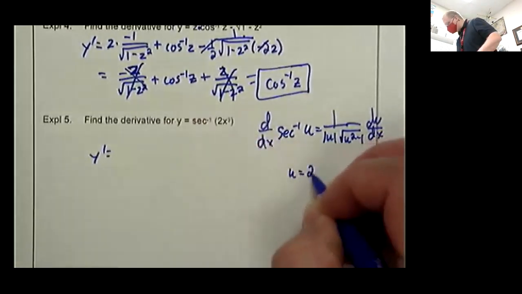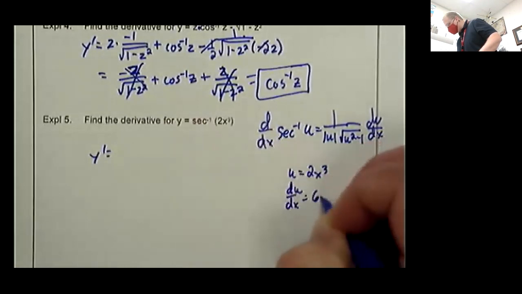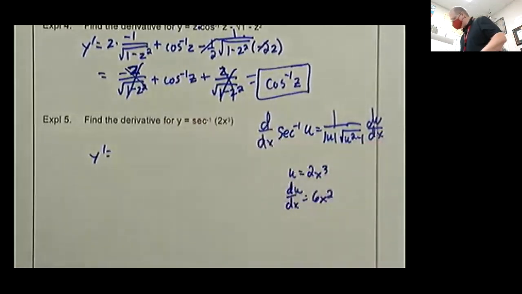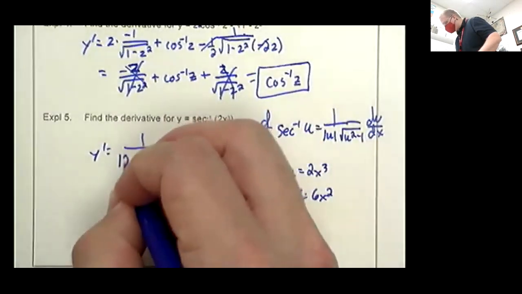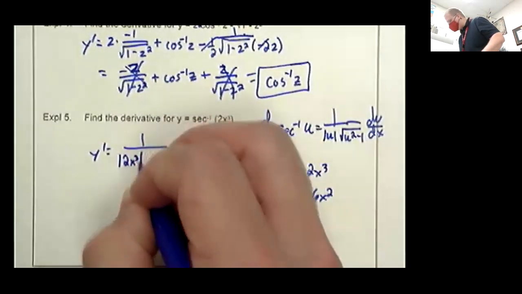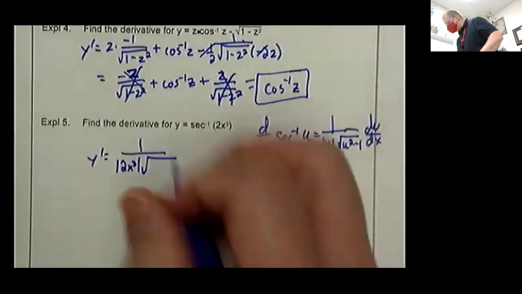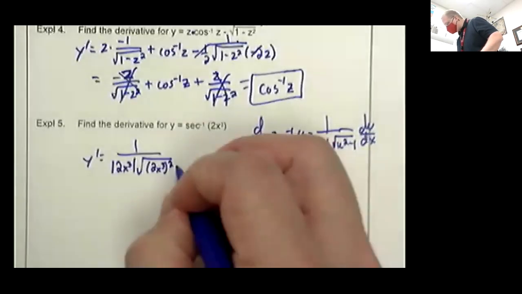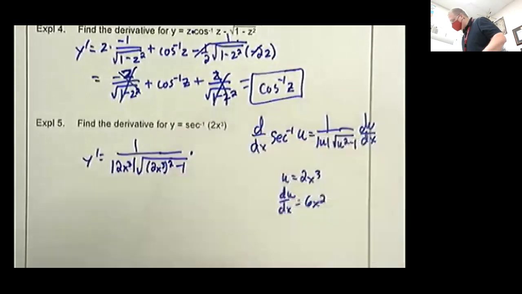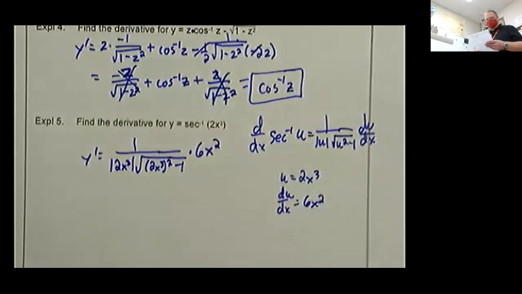Notice u is 2x cubed, so du dx is 6x squared. So we're plugging into our formula. So this is 1 over absolute value of u, which would be the absolute value of 2x cubed times the square root of 2x cubed squared minus 1 times the derivative, which is 6x squared.